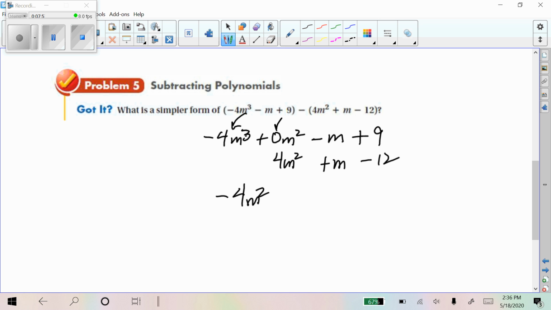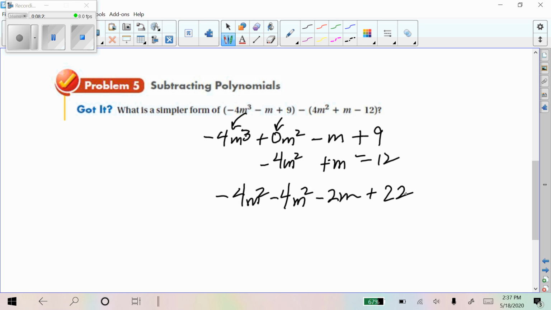You're going to do 0 here minus 4, which is negative 4m. You're going to do negative m minus the m, which is negative 2m. And then you're going to do 9 minus the negative 12, which turns it into a plus, and you get plus 22.